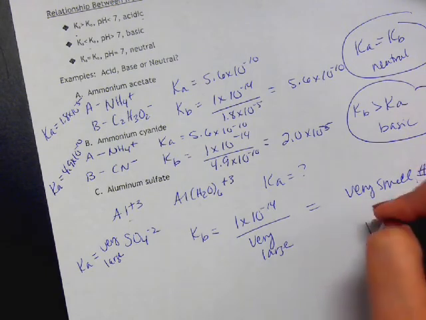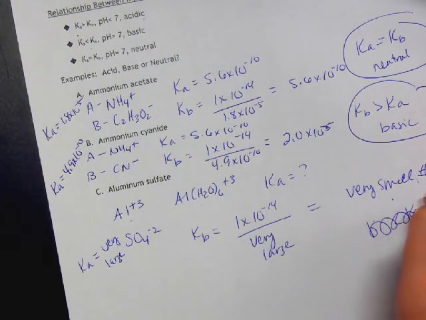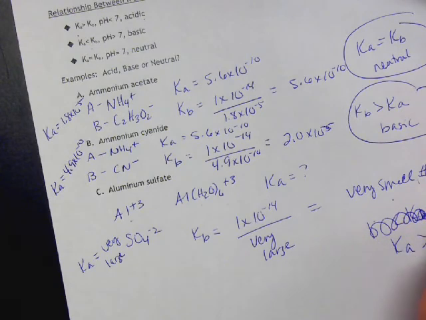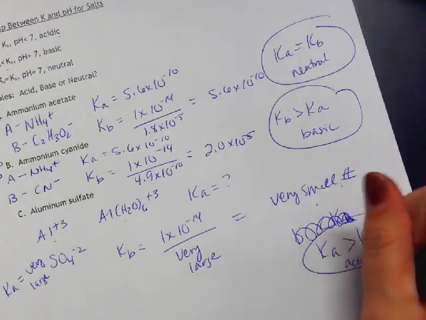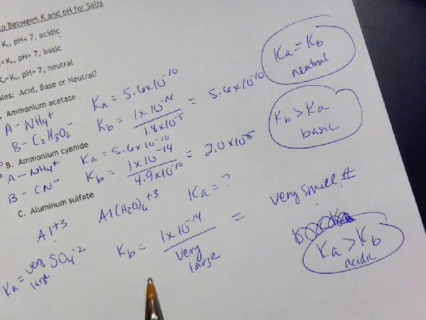And so that would mean that your Ka is going to be much bigger in this instance, and that would mean that this would be acidic. So if you have a situation where you're not sure what the Ka is or what happens, look at the other ion, and it can help you to figure that out. Alright, so we're going to be working on more problems like this tomorrow.